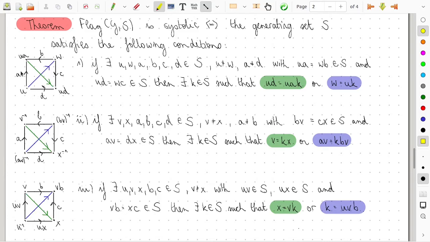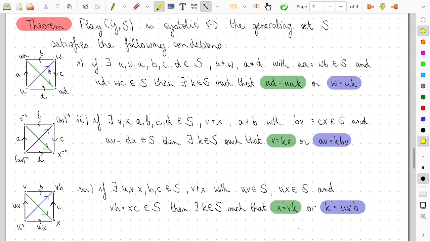Moreover, since A is also in S, I have an edge from U to UA. In the same way, I have an edge from U to UD. Since UA equals WB and B is also in S, I have an edge from W to UA, and in the same way, I have an edge from W to UD.